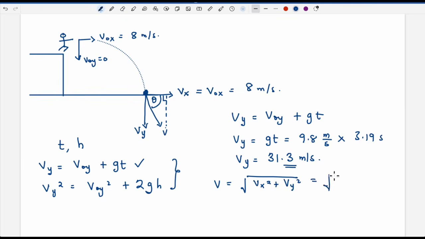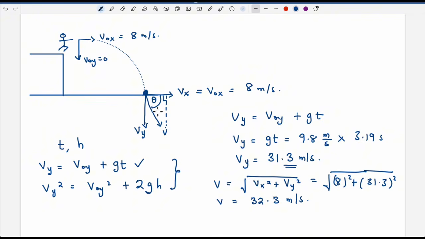And that is going to give us square root of 8 squared plus 31.3 also squared. So our V is going to be about 32.3 meters per second. So that is the magnitude of the velocity with which this stunt performer is going to hit the ground, which I don't think I will survive, and he will not survive that impact velocity.